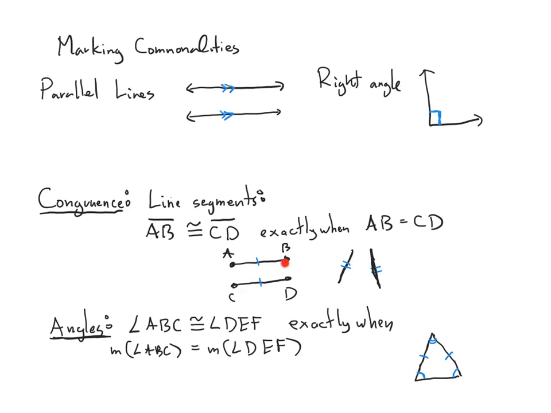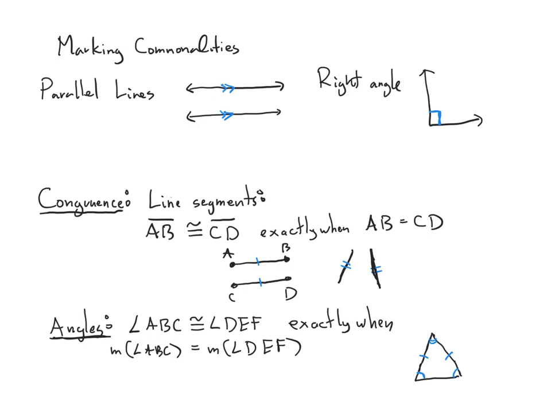So the length from A to B is the same thing as the distance from C to D. And we mark that just with a tick on each line to say they're congruent. And again, if you have some more congruent lines around, for example, if these two lines were congruent and we wanted to say they were different lengths than these two, we'd put a different amount of ticks. So in this case, 2 ticks.